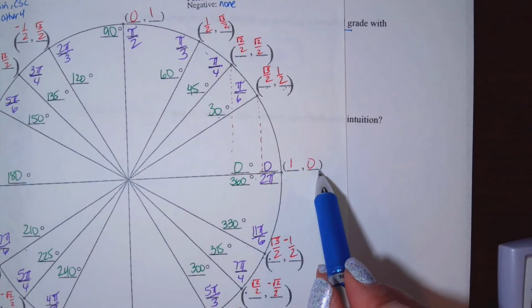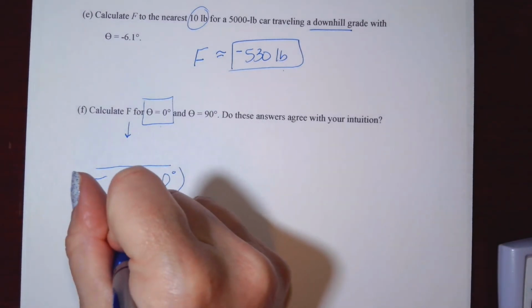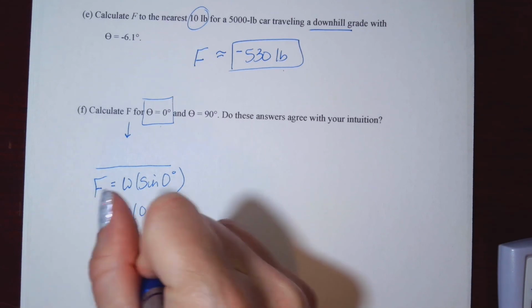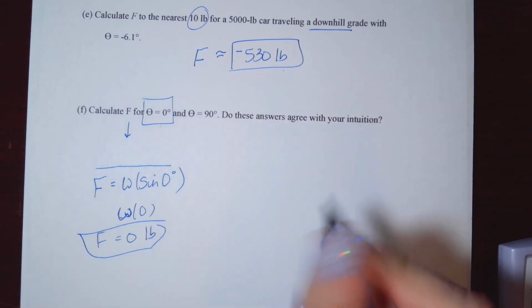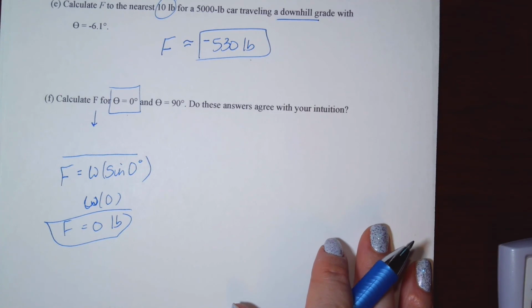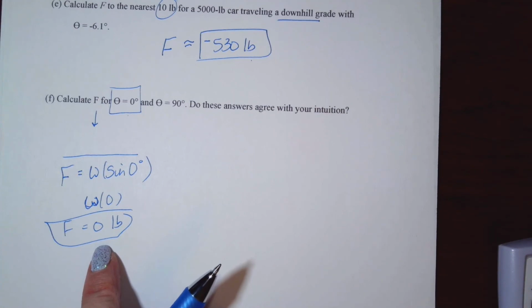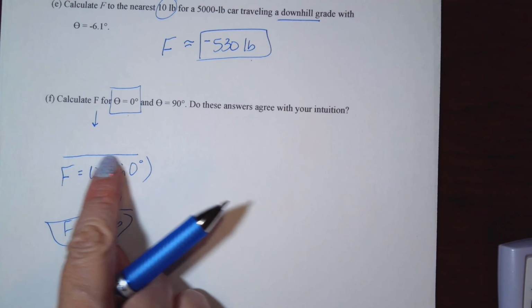Sine function value here at 0 degrees is 0. And anything times 0 is 0. So there's no resistance. If I'm traveling along, no grade resistance. There's friction, there's regular gravity slowing us down, all kinds of things. But there's no grade resistance, no force added on if I'm not at an incline or a decline, if it's just flat.